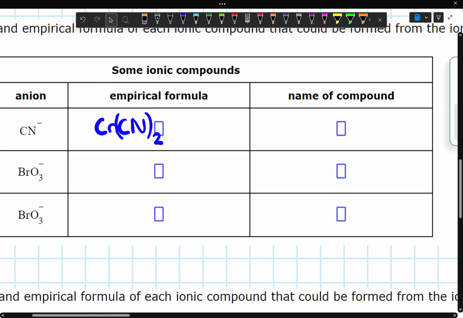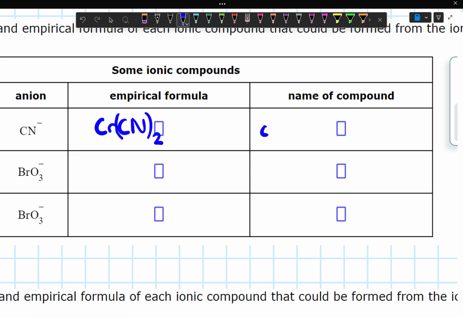Well, it might be tempting for you to just say that this is chromium dicyanide. This is wrong. Definitely not chromium dicyanide. First of all, when we have a polyatomic ion in the name of our compound, we don't put a prefix in front of it.